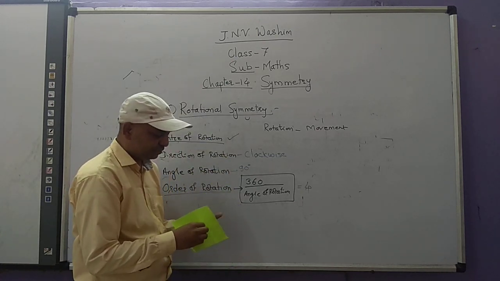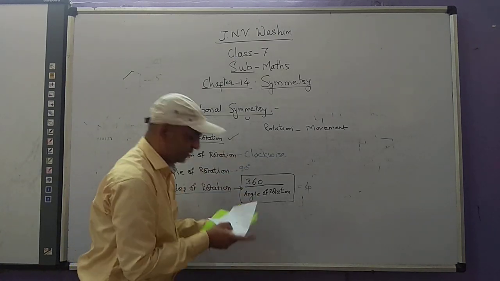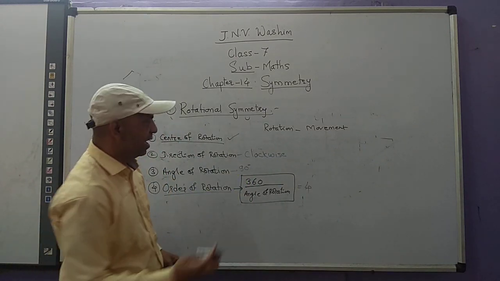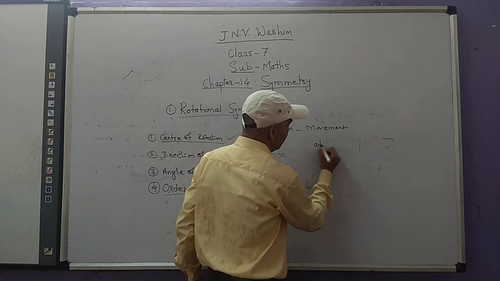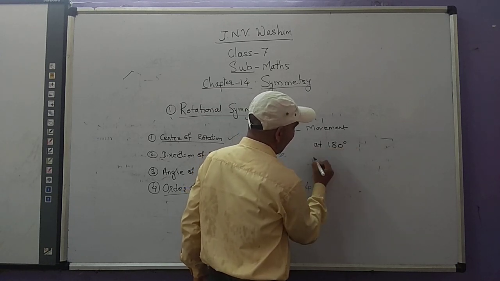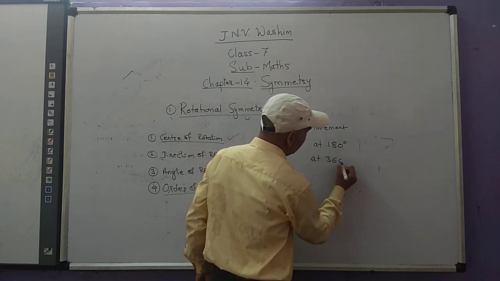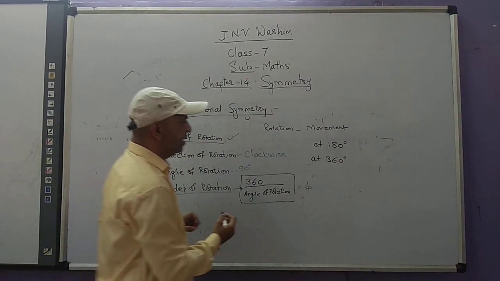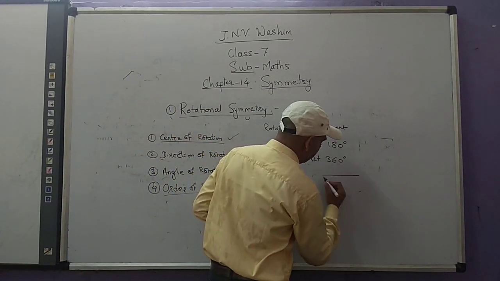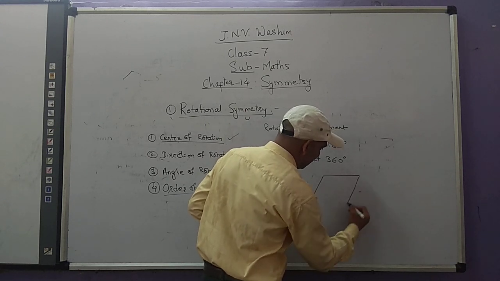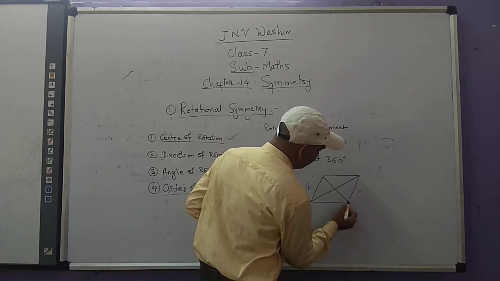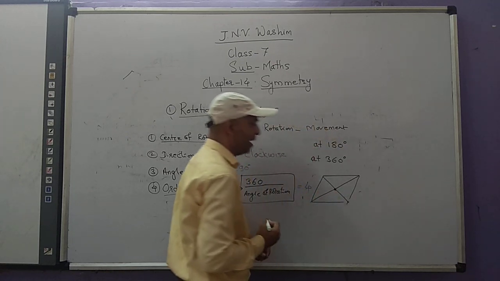This will occupy the same shape only at 180 degrees and at 360 degrees. The center of rotation is the intersection point of its diagonals. So this is the parallelogram, and the center of rotation is the intersection of its diagonals.